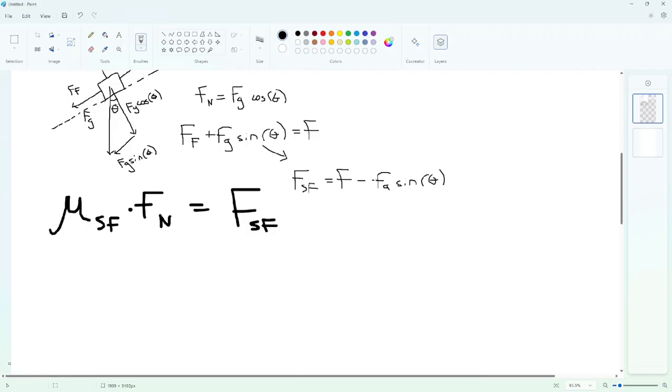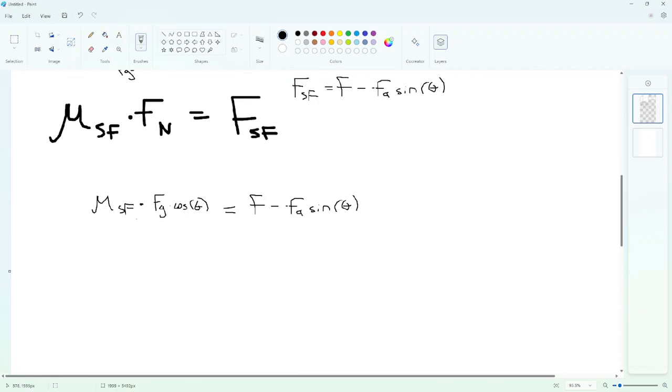There we go. Okay, so now we have these two present in our equation. We can go ahead and substitute them in. Force of static friction is equal to that, and force normal is equal to this, multiplied by the coefficient of static friction.